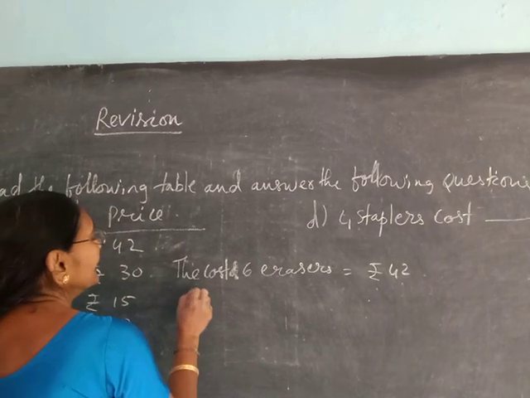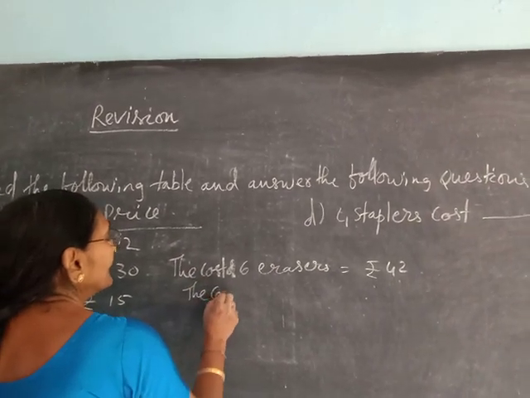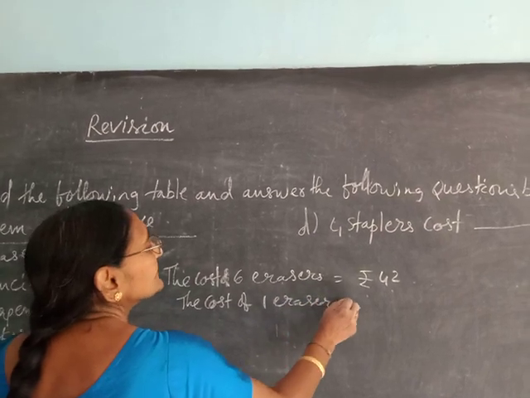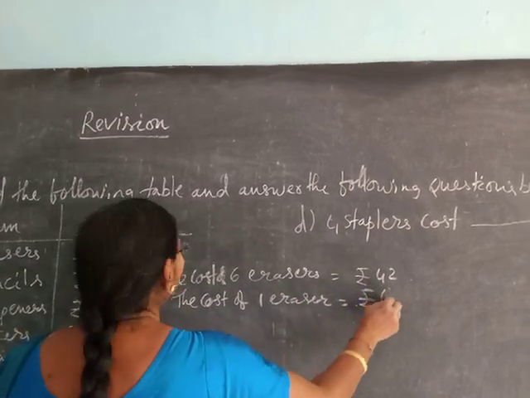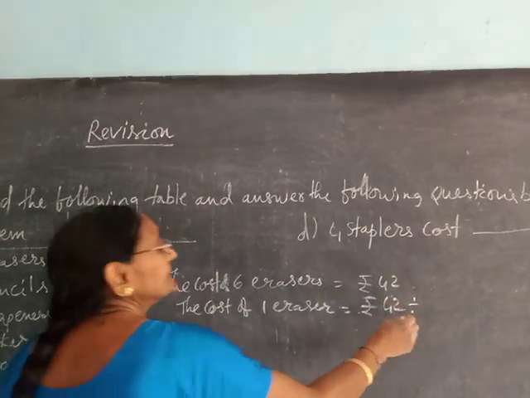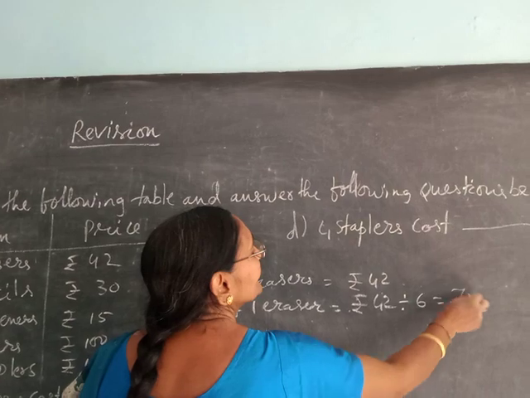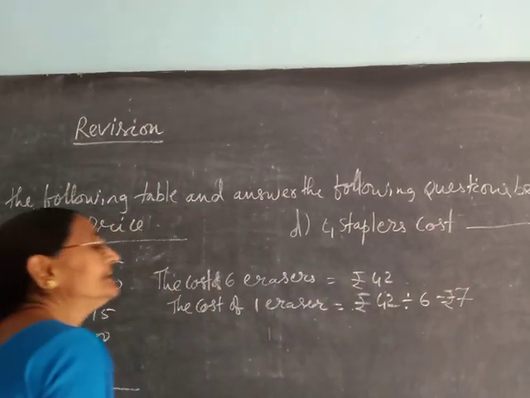Then you have to find the cost of 1 eraser. You have to divide 42 divided by 6. 6 7s are 42, so 7 rupees. 1 eraser costs 7 rupees.